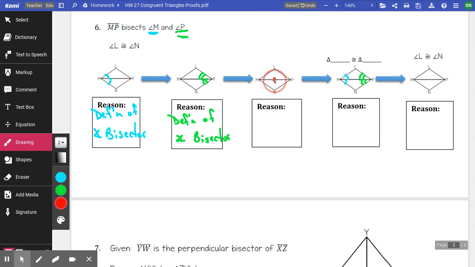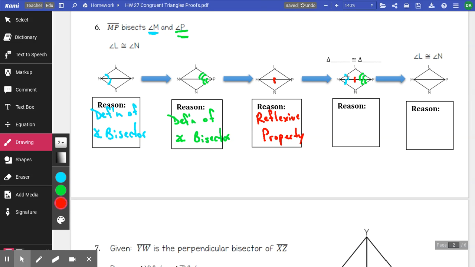We see that the two triangles do happen to share a side, and reflexive property says because they both use that side, then they have a congruent side of MP. So we mark it there, mark it here, and you can see the layout, especially if you just look at one of the triangles.